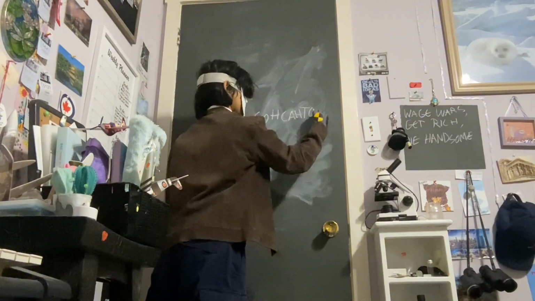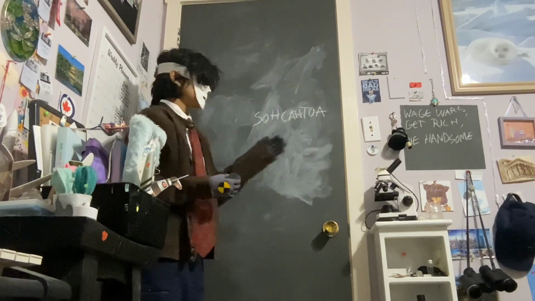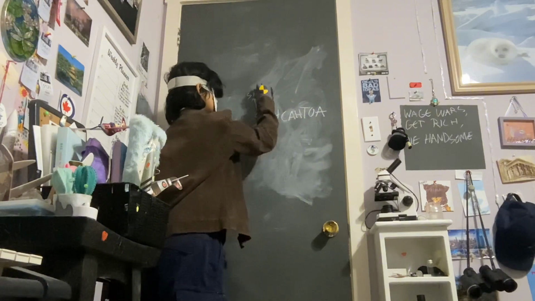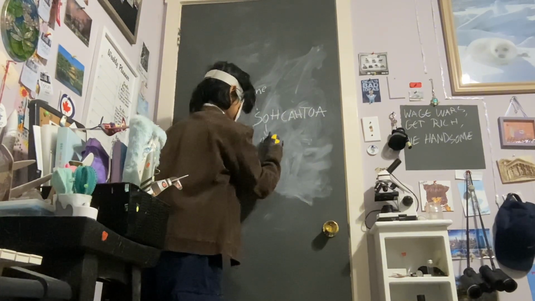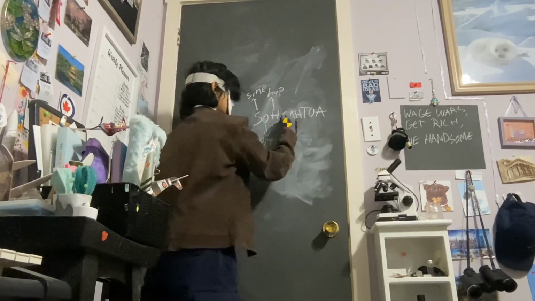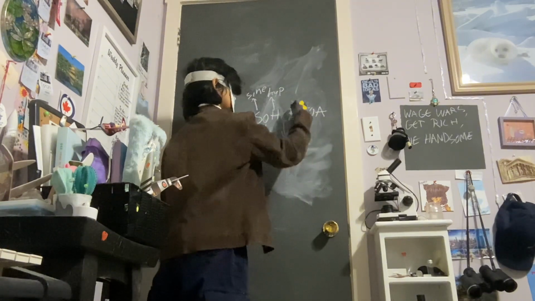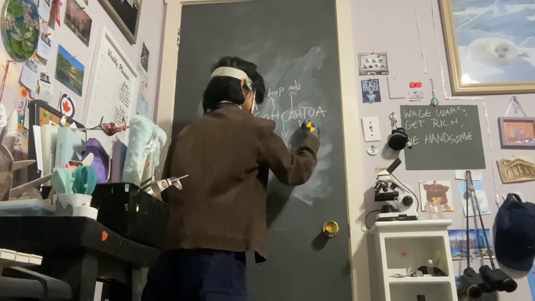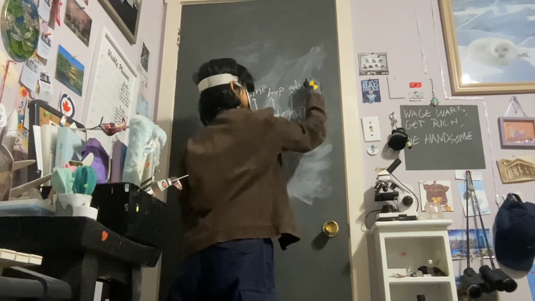So it translates to sine, opposite, I'm just going to write it as op, hypotenuse, I'm just going to write it as hyp, cosine, adjacent, I'm just going to write it as adj, and tangent.